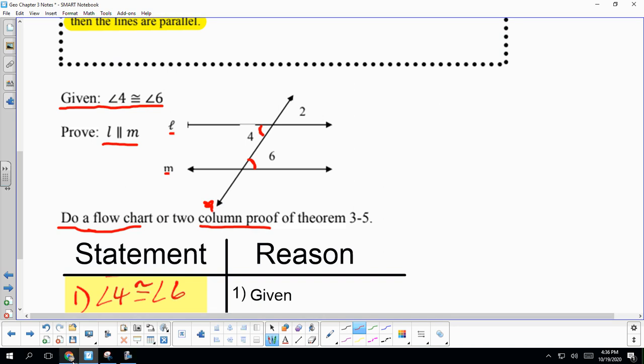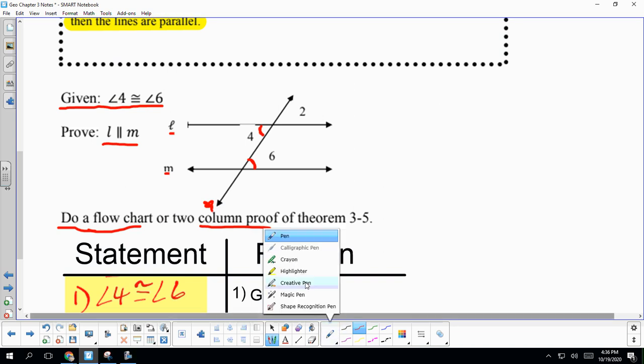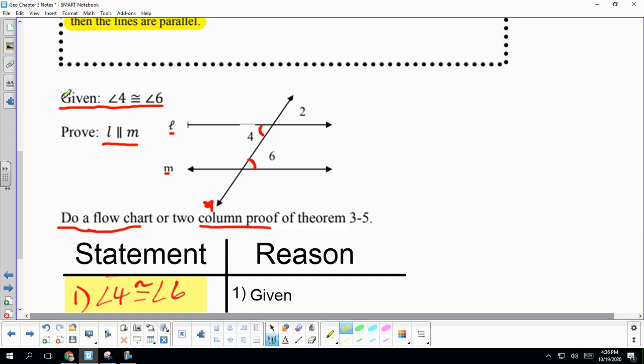You guys are writing this down. So we're given angle 4 is equal to angle 6, so that goes in number 1 in our statements. The reason is given. We look at angle 4, and if you don't see it right away, it's okay, don't feel stressed. We look at the other angle they give us, angle 2.